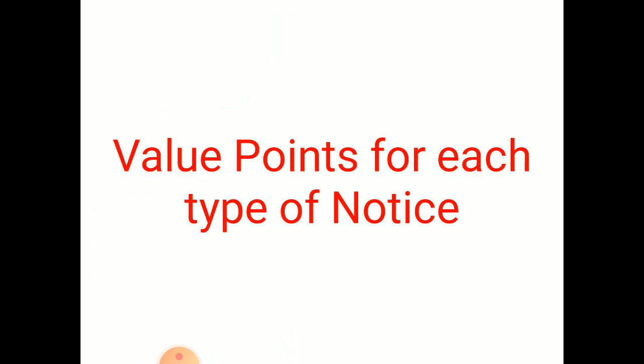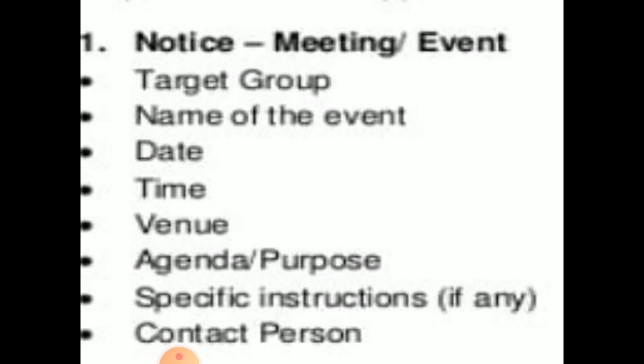Value points for each type of notice. So let's take first type of notice writing, that is notice regarding meeting and event. First one, target group, name of the event, date, time, venue, agenda or purpose, specific instructions if any, contact person.